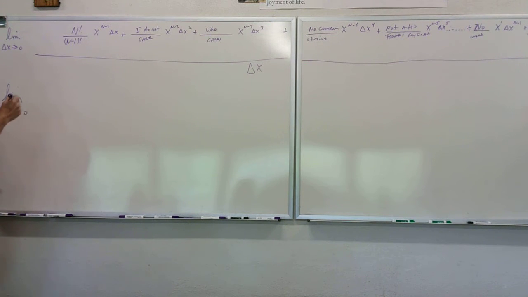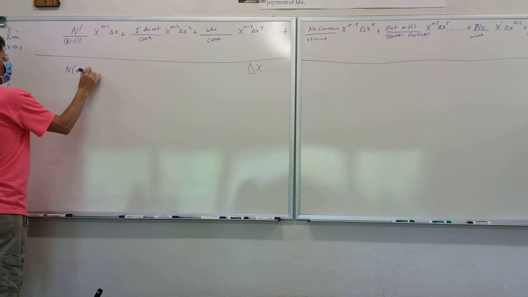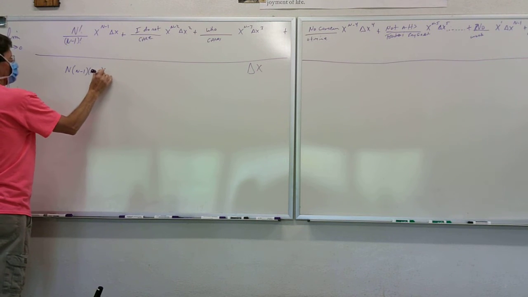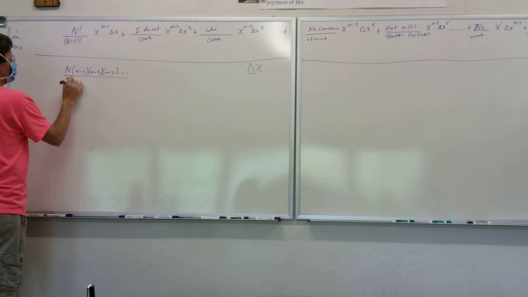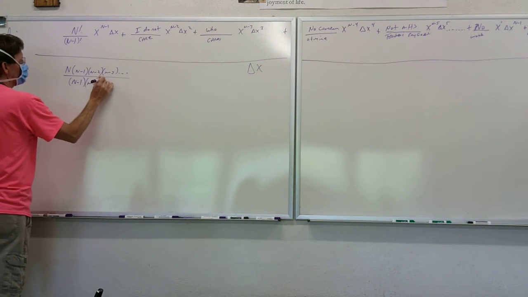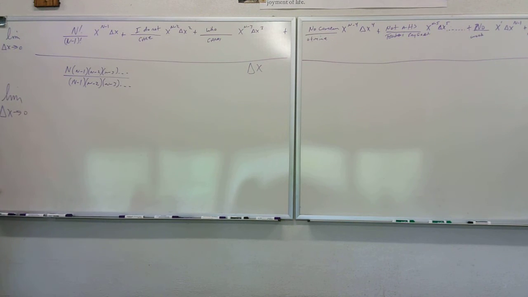Okay, let's talk about how to do that n factorial. n times n minus 1 times n minus 2 times n minus 3 dot dot dot over n minus 1, n minus 2, n minus 3 dot dot dot. What do those divide out and leave? They leave just an n.